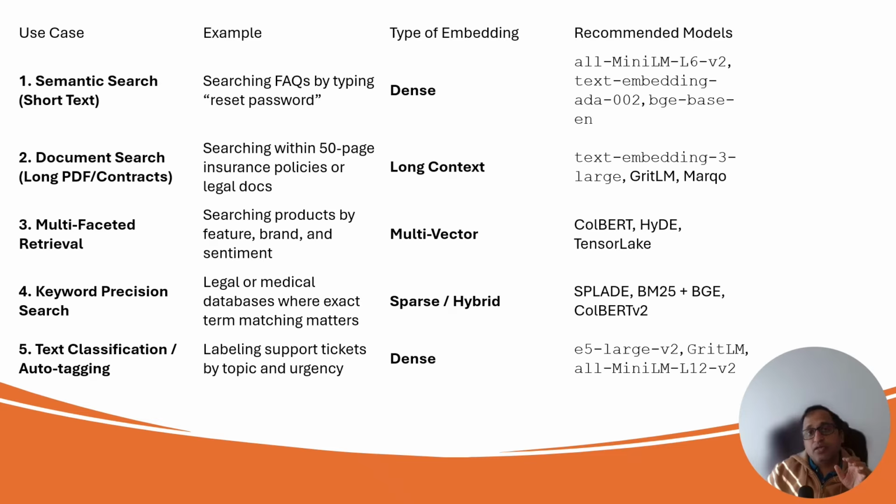Now, keyword focused precision search. Sometimes semantic similarity isn't enough, especially in legal, medical, or regulatory domains where exact terminology matters. For example, you want to search for occurrences of a provisional patent in a corpus, and a dense model might miss a keyword match. That's where a sparse embedding or hybrid approach excels.